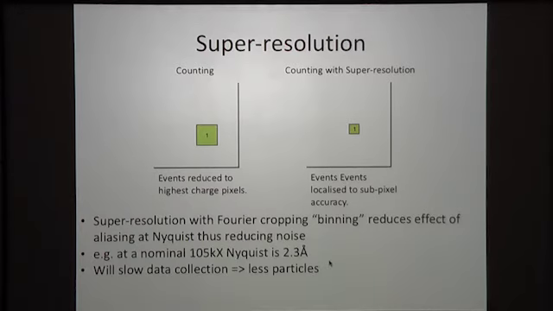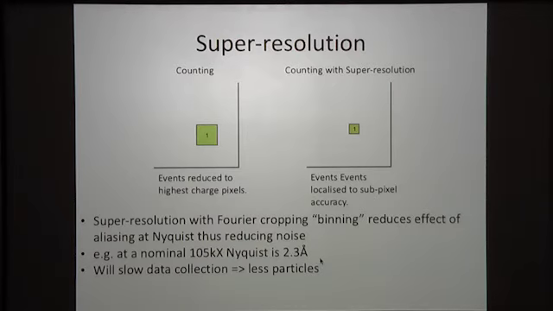However, keep in mind, what is your Nyquist, and do you really need to be at that resolution? For example, at 105,000, Nyquist is 2.3 angstrom. And I think we'd all be happy with that resolution, but more realistically, our reconstructions probably go normally to 3 and 3.5. So do we really need to preserve those frequencies?